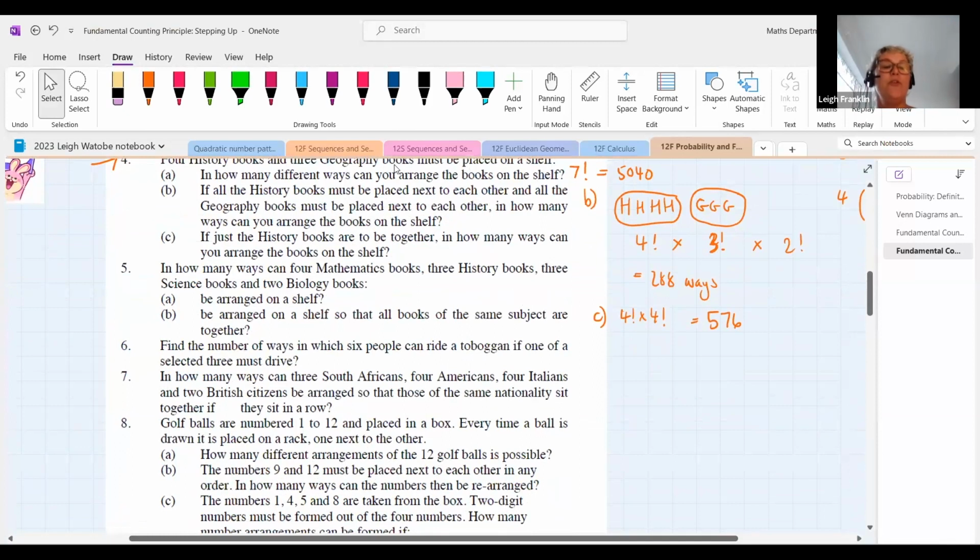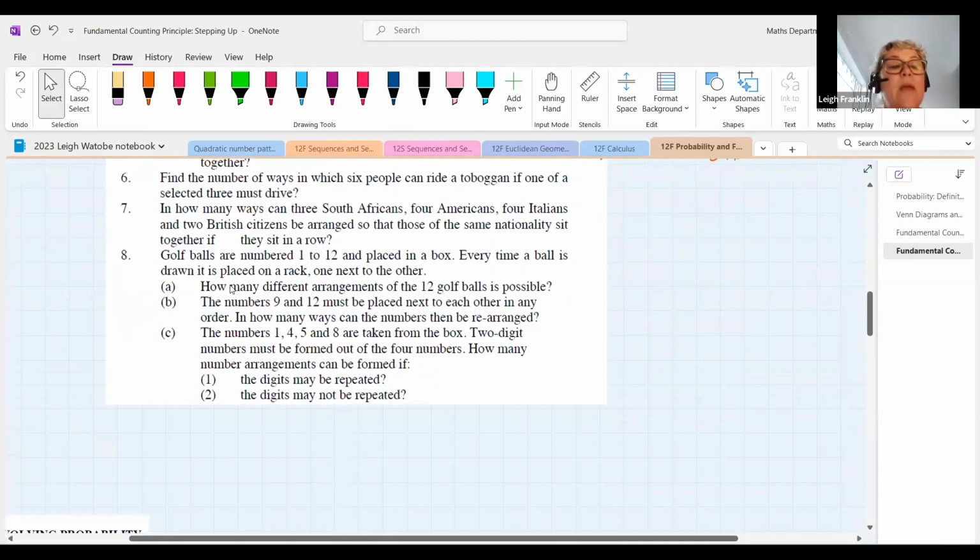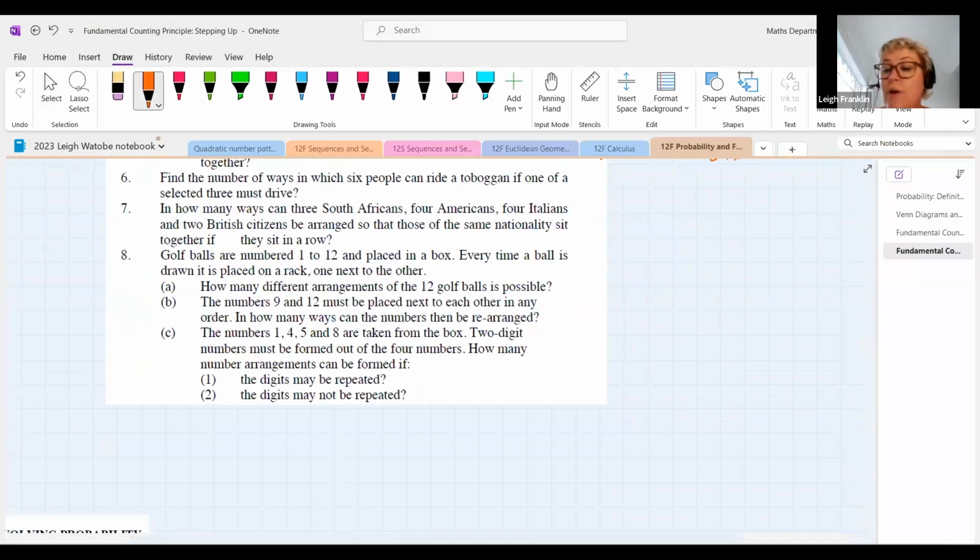All right, so let's go and have a look at some of the other questions that we have here. Let's look at question number 7. In how many ways can 3 South Africans, 4 Americans, 4 Italians, and 2 British citizens be arranged so that those of the same nationality sit together if they sit in a row?